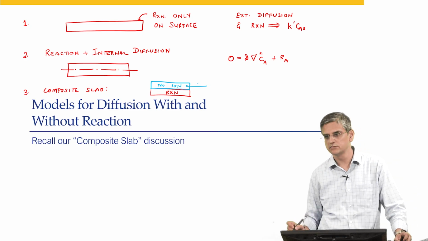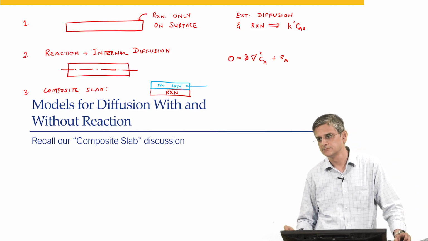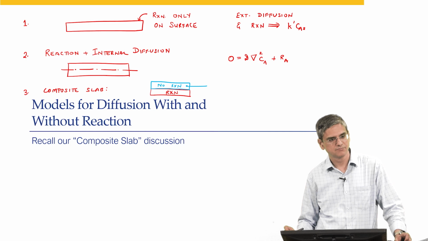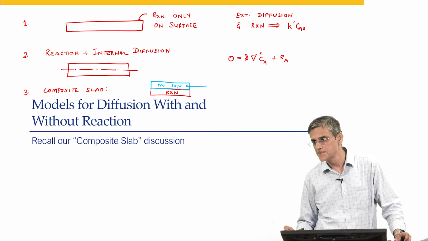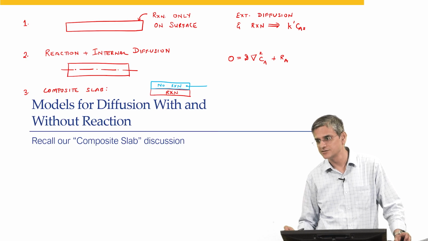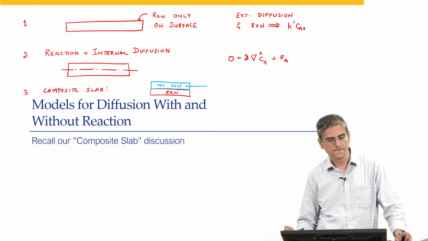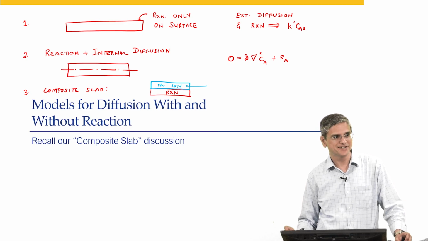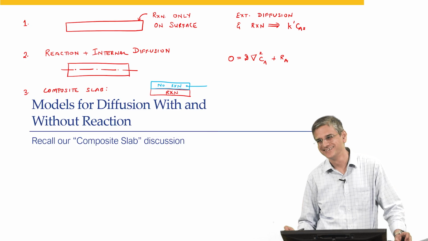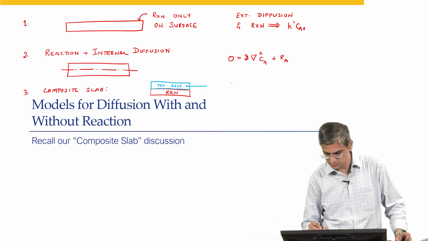What's the model over here, if there is no reaction inside the slab? It is just diffusion, yes. Just internal diffusion without reaction. What's the model? Just a weekend break and everything is forgotten, huh? R_A will be 0.